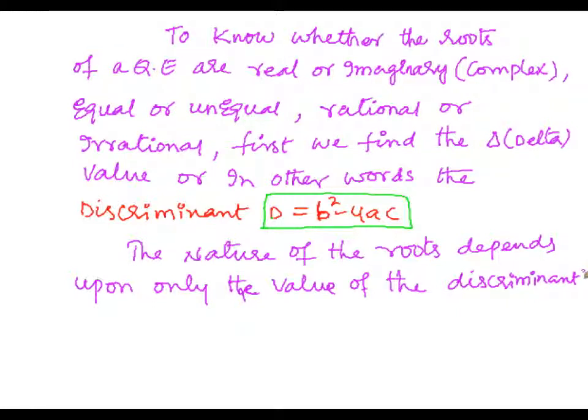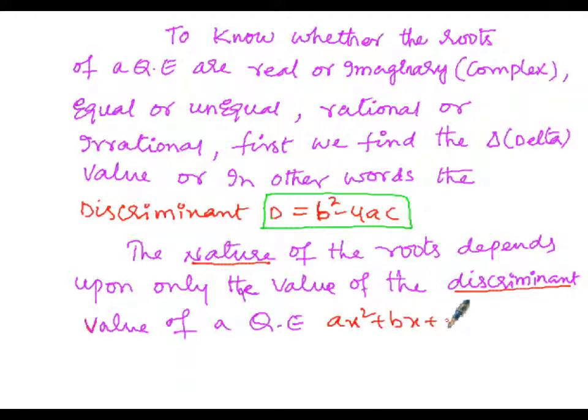The nature of the roots of the given quadratic equation will depend upon the discriminant value of the quadratic equation ax square plus bx plus c equals 0.